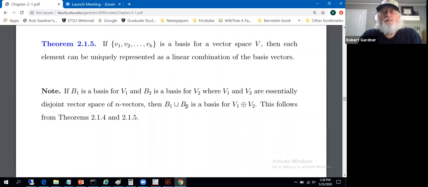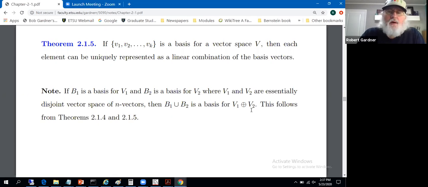If we look at the direct sum of vector spaces again, remember they had to be essentially disjoint. If B1 is a basis for vector space V1 and B2 is a basis for vector space V2, where V1 and V2 are essentially disjoint, then the union, B1 union B2, the union of those bases, is claimed to be a basis for the direct sum.